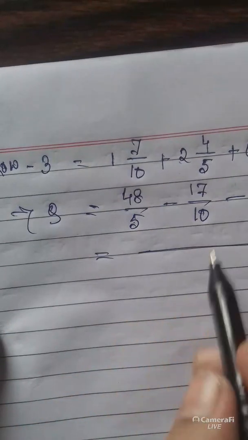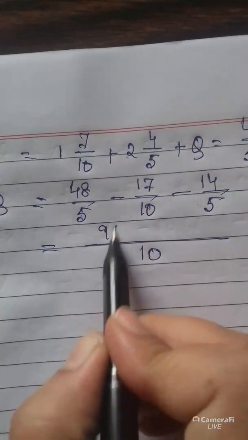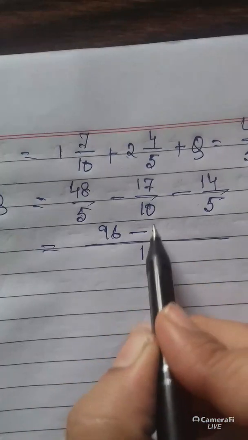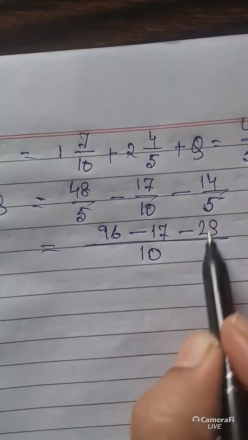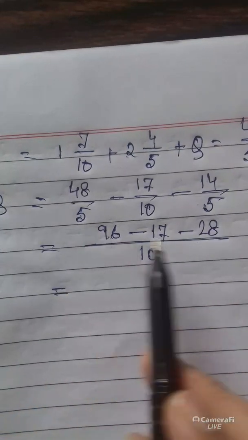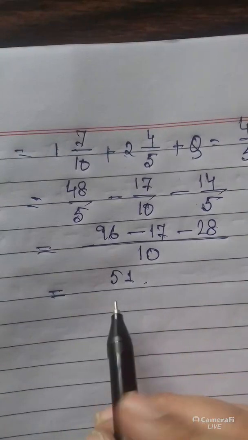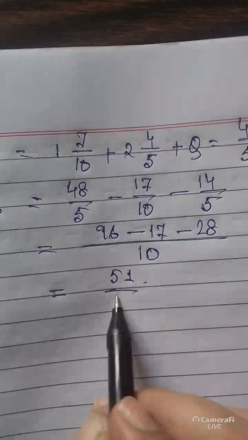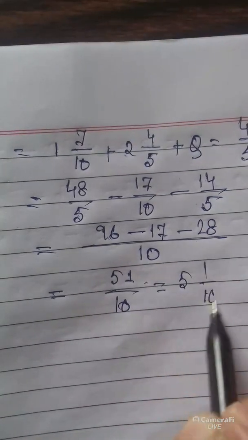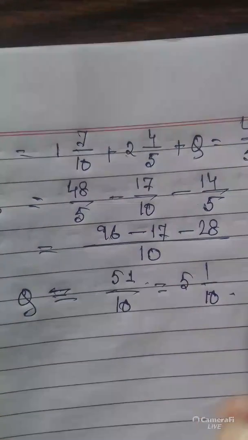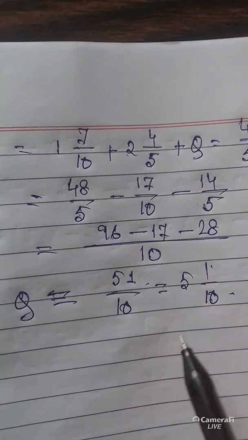With LCM 10: 96 minus 17 minus 28 equals 51 by 10, which means 5 whole 1 by 10. Q equals 5 whole 1 by 10 and P equals 5 whole 3 by 10.